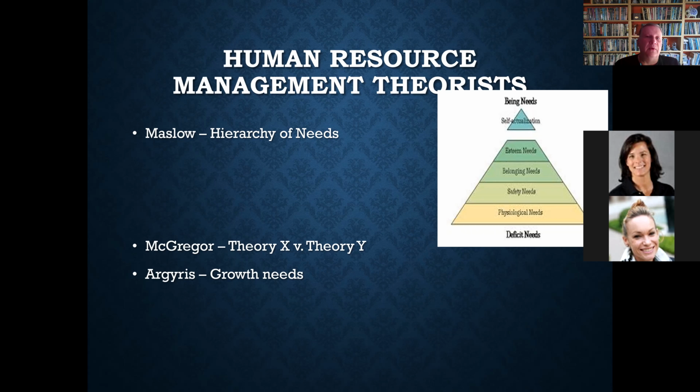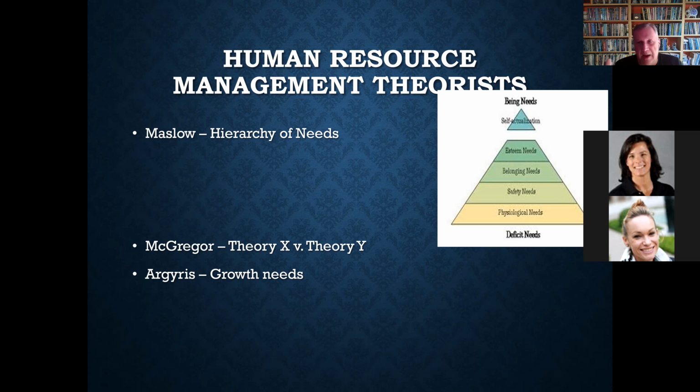The three main authors that we talk about here in human resource management theory are Abraham Maslow, Douglas McGregor, and Chris Argyris. Now, Abraham Maslow, you probably again run into him in your undergraduate studies. He is best known for his pyramidal approach to the psychological and the physiological needs of human beings.